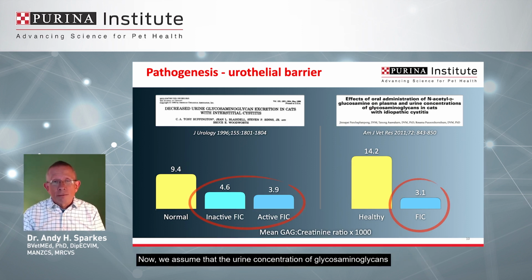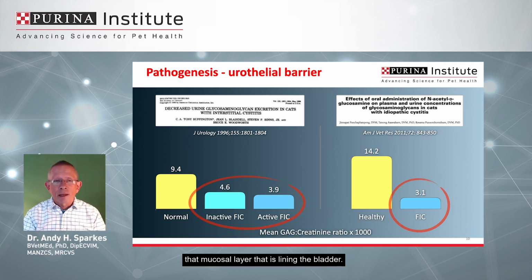Now, we assume that the urine concentration of glycosaminoglycans reflects the layer that actually lines the bladder, if you like, that mucus layer that's lining the bladder. So we assume that these cats with idiopathic cystitis probably have a poor mucus layer lining the bladder.